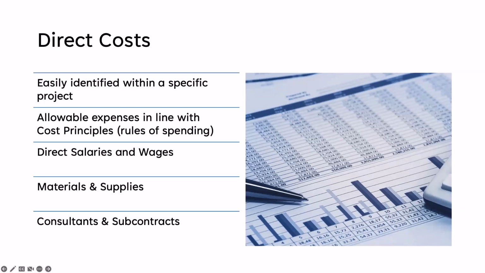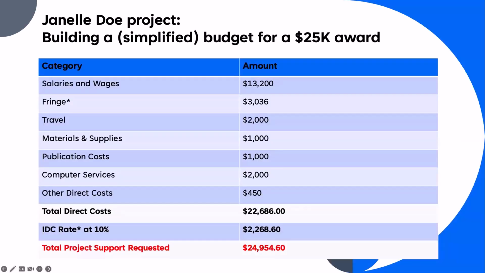Next slide, please. So we talked about in our grant workshop last month what we expect, the categories of a budget construction. You have your salaries and wages, your fringe, your travel, materials and supplies. These are typical categories that we expect to see in the construction of your budget.